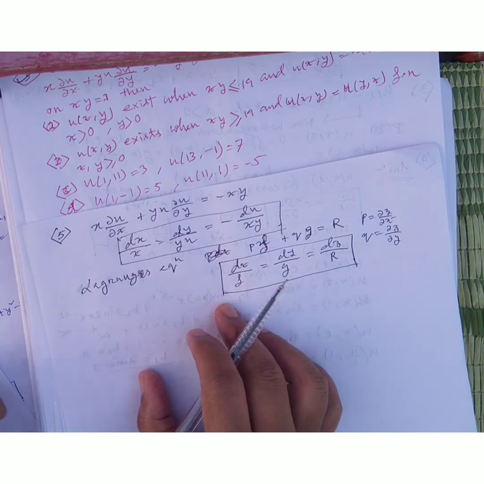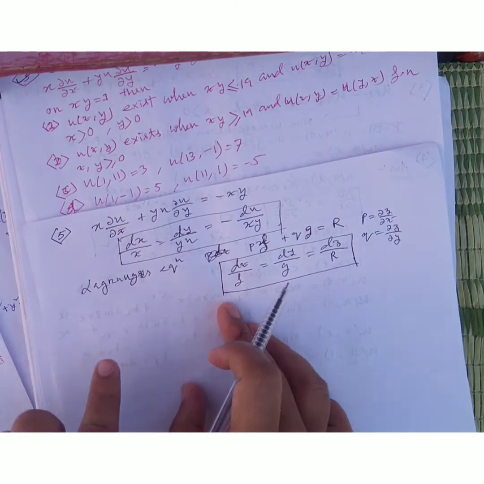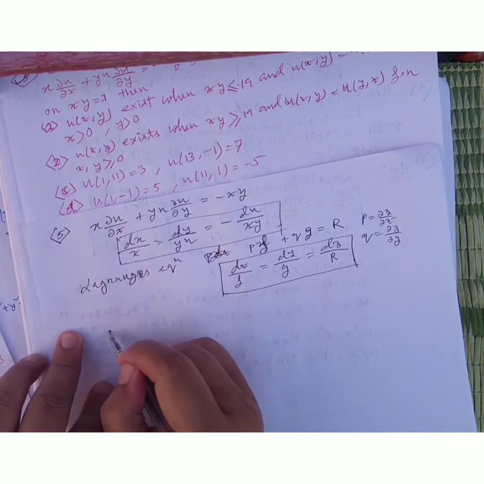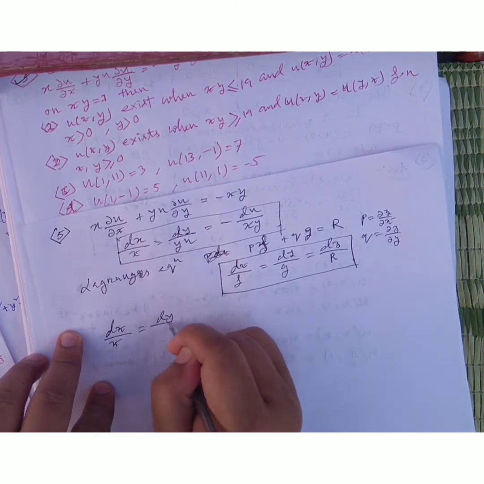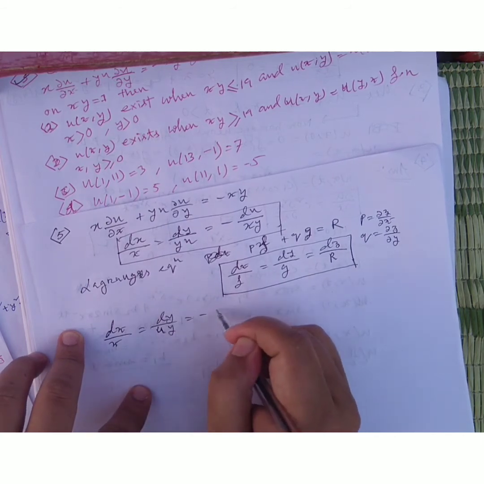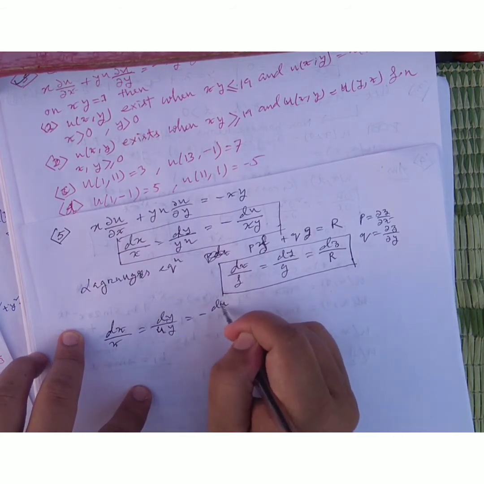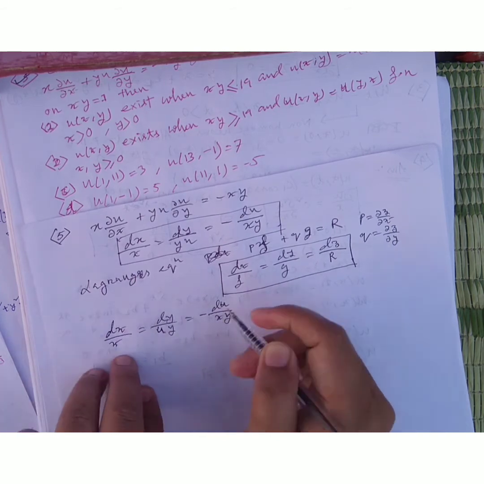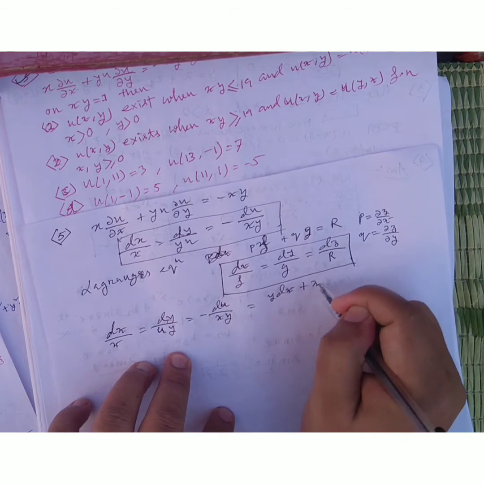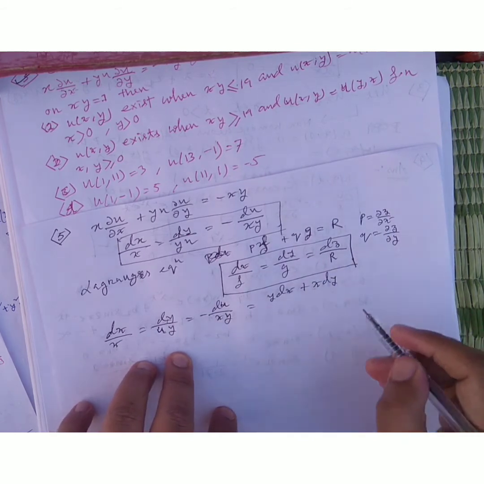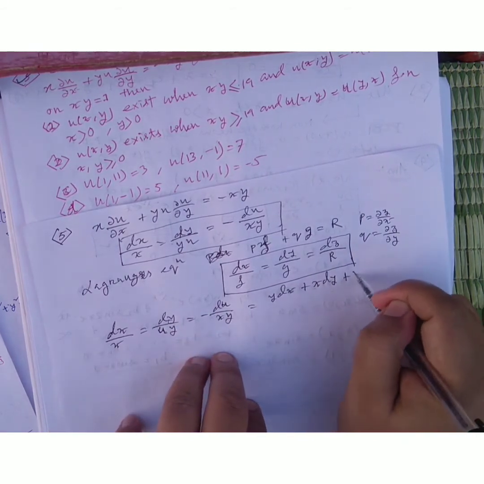So whatever I get, dx divided by x is equal to dy divided by y and minus du divided by xy is equal to y dx plus x dy.